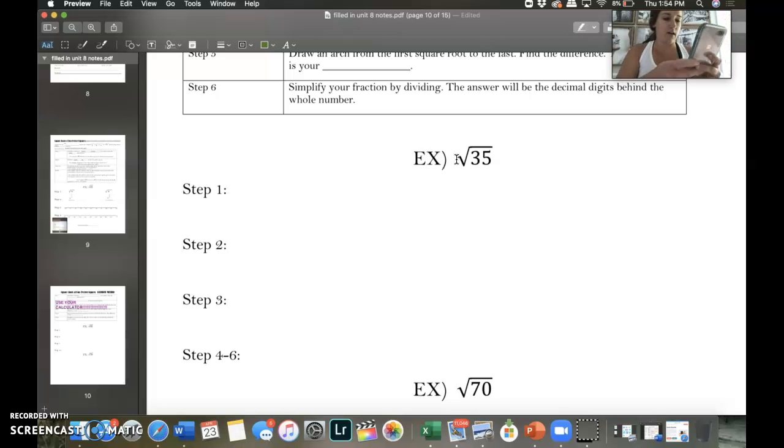So clear, turn sideways. I don't know if y'all can see, but I'm going to hit that symbol first before I type in my number, and then I can type 35, hit equal sign, and it says it's 5.916. So we're going to say it's 5.9. Answer, 5.9.